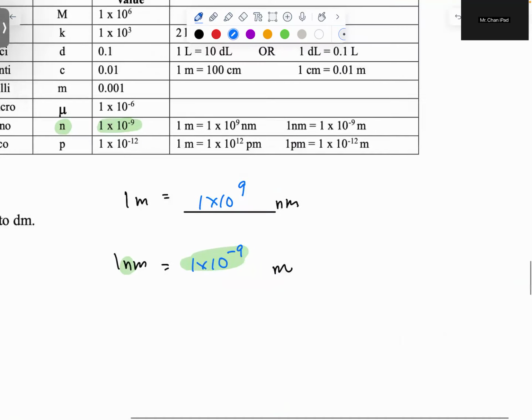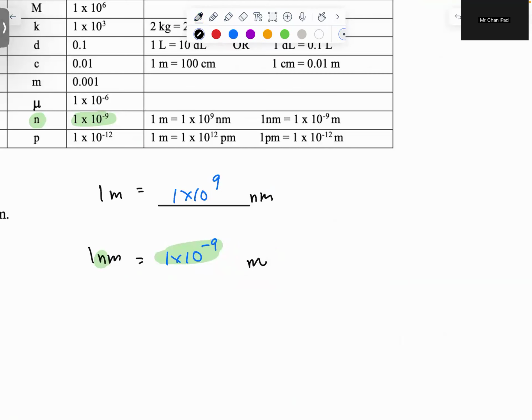Well, here's the math. Nano is 1 times 10 to the negative 9, right? So they cancel each other out.